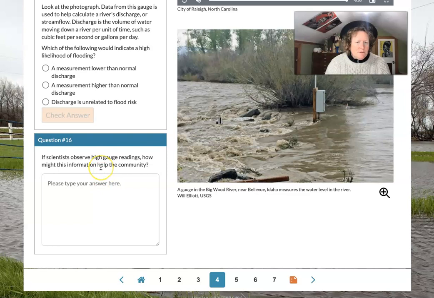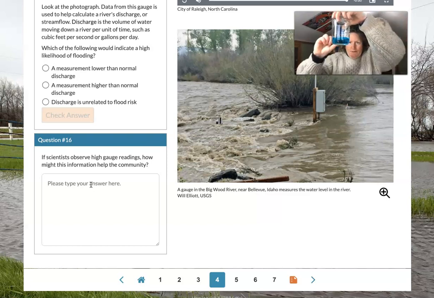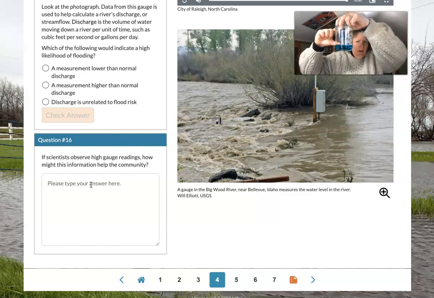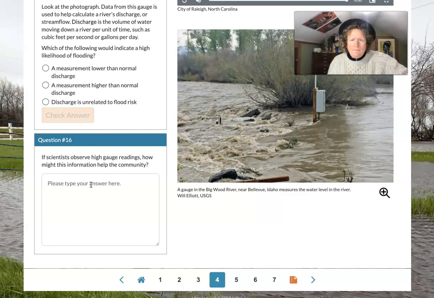If scientists observe high gauge readings, how might this information help the community? Well, we talked about if there's already a lot of water in the stream, then you only need a little bit more for it to flood. If there's only a little bit of water in the stream, then it can rain a lot before it floods.